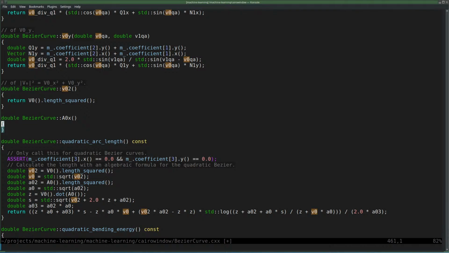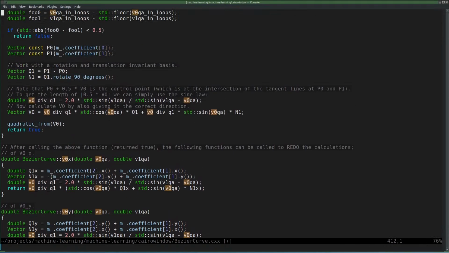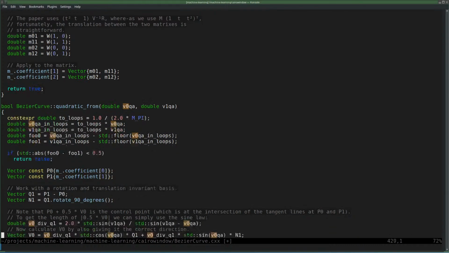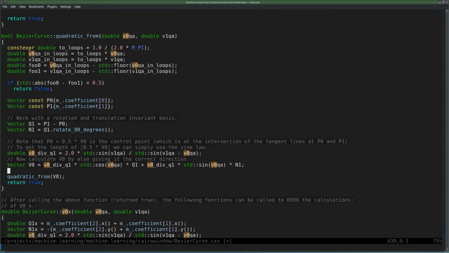So how was A0 calculated? I think that is done in quadratic from V0. It's pretty straightforward. So this function here calls quadratic from V0 at the end. And that then initializes A0.